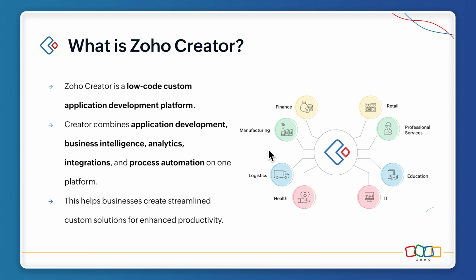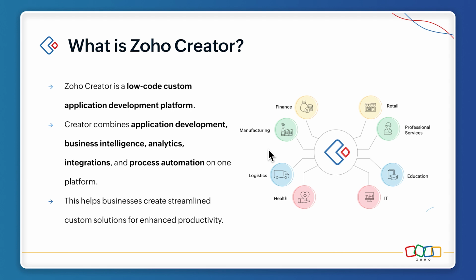It is not only an application development platform, but a combination of application development, business intelligence, analytics, integrations, everything combined in just one platform. This helps the business to streamline their productivity in a more enhanced way. On the right side, you can see a picture that denotes that Creator can fit into any industry. It can automate many different processes in many different industries.